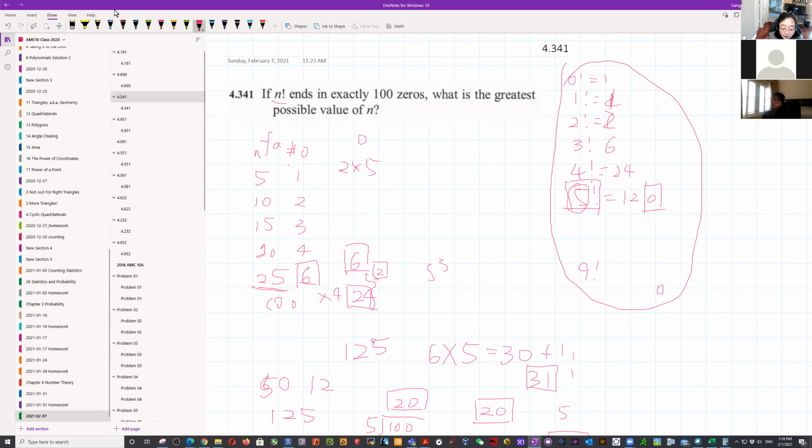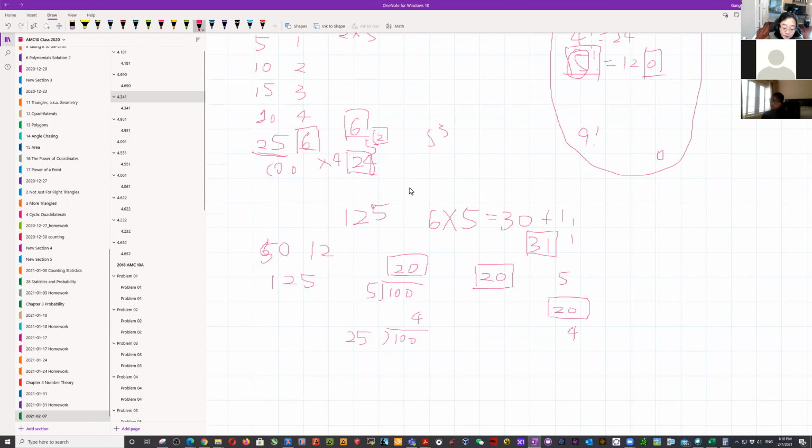going to land, then do a fine-tune adjustment. So if we guess 500, 500 divided by 5 will give 100 zeros already, but it's going to be extra. So 500 divided by 25, you actually end up with 20 extra zeros.